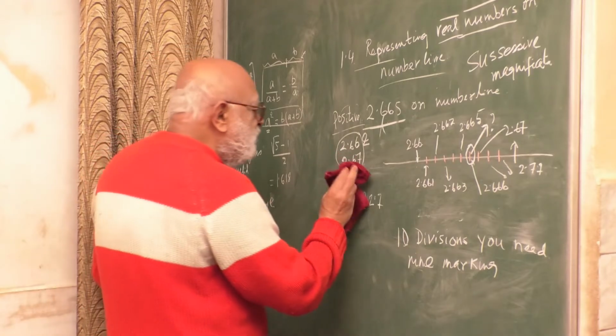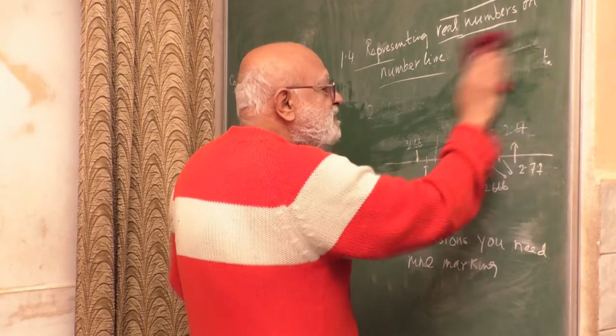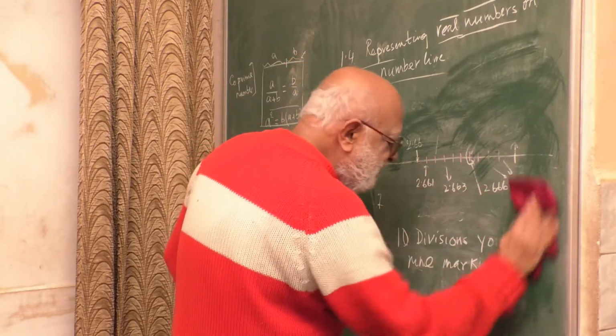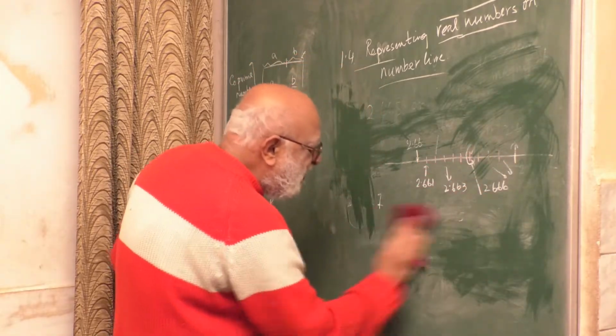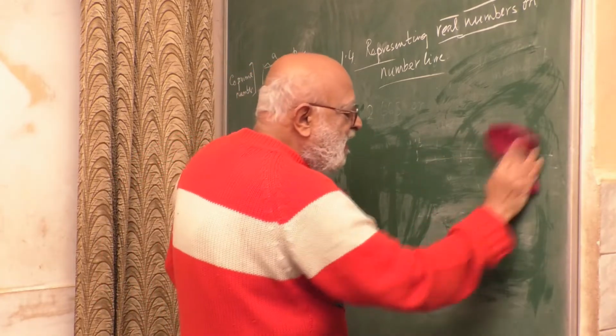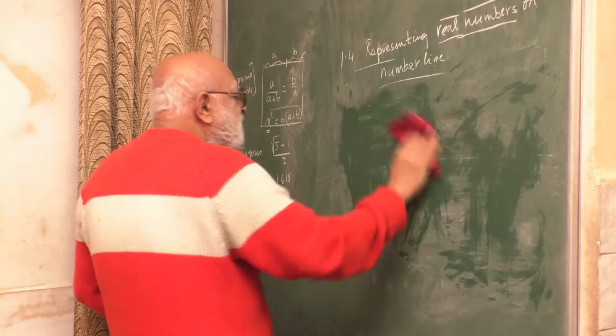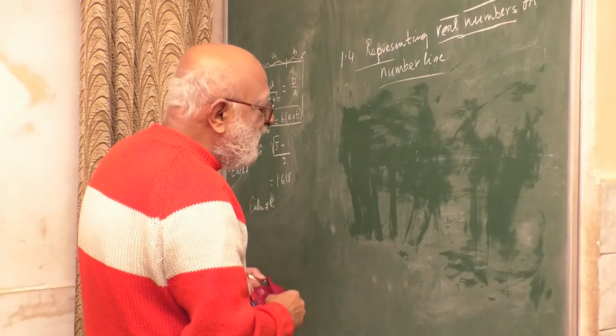Okay, there is another one which is given here, which I will not repeat as it has not much importance. This is the way. I hope you have understood the concept of this representation on the number line.